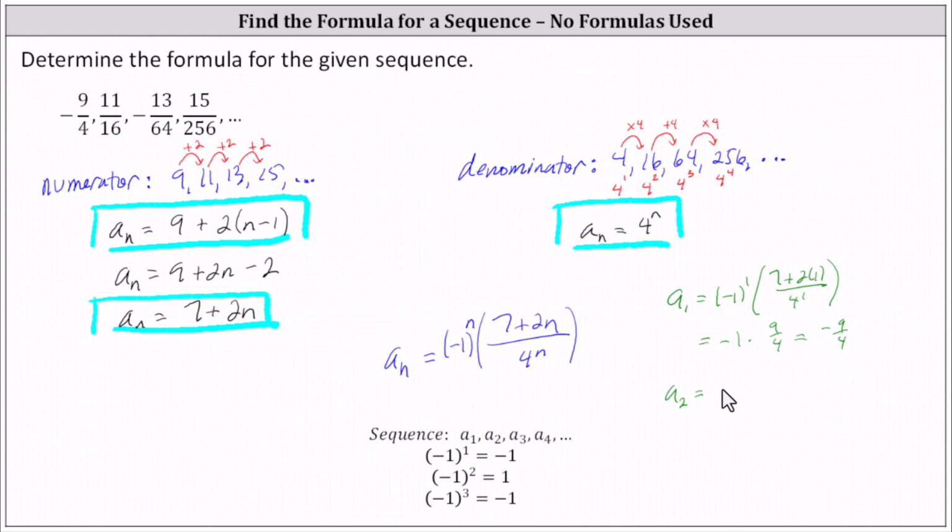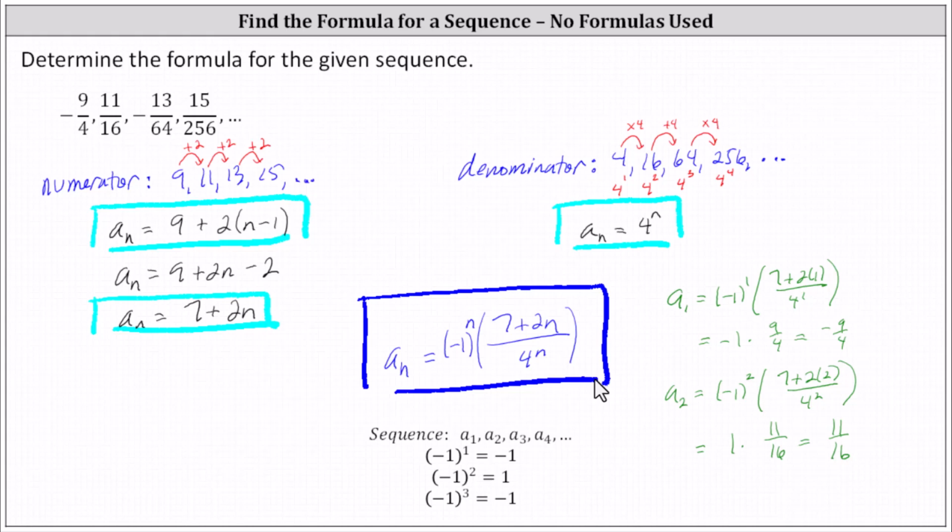A sub 2 equals negative 1 squared times the quantity 7 plus 2 times 2, all divided by 4 squared, which does give us positive 1 times 11/16, which is, of course, 11/16. Notice our formula for the original sequence is correct. I hope you found this helpful.